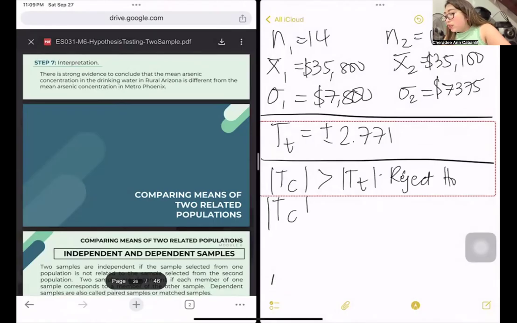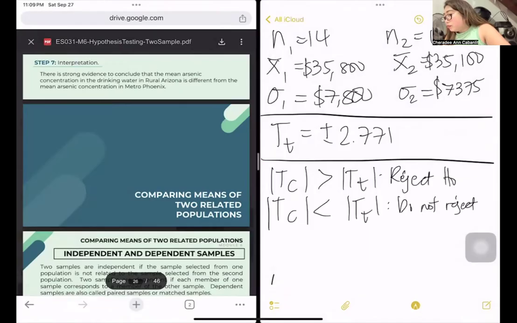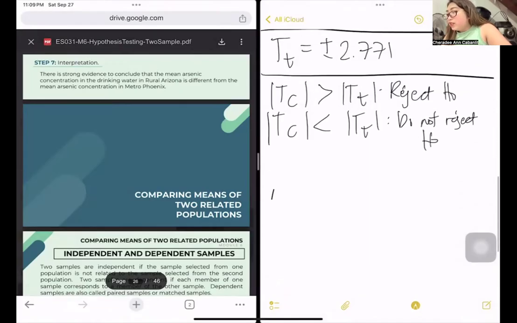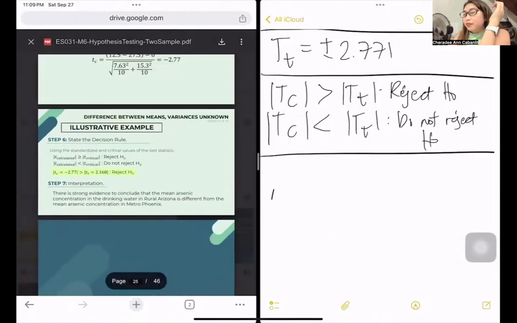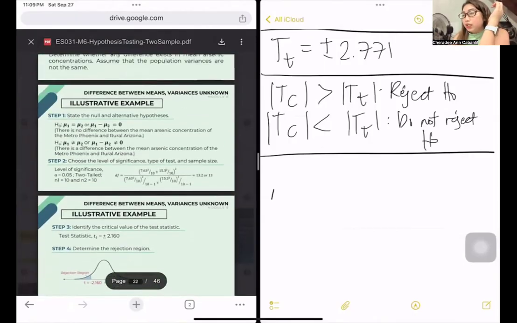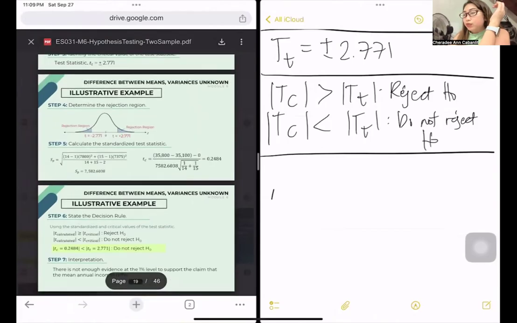If the T computed is less than the T table, do not reject H0. Okay, so this is where the complication starts. We will now compute the T computed value, going back to the formula.